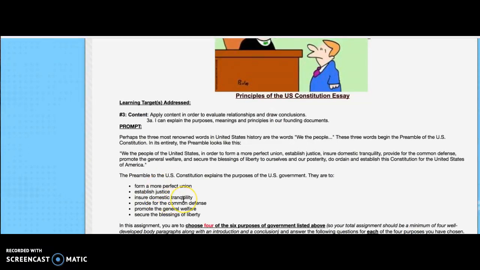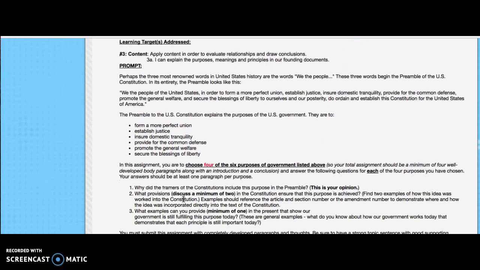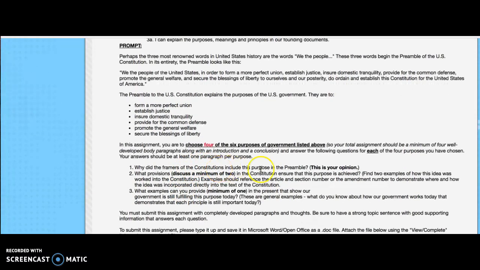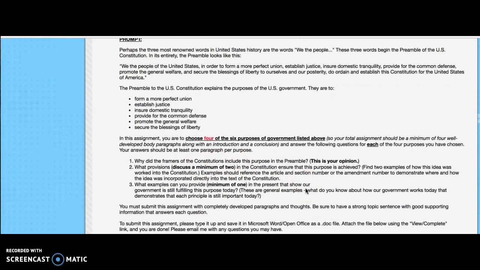So pick 4 of them, and you're going to look at why the framers of the Constitution included this purpose. That part of it is your opinion. Then you need to discuss at minimum 2 specific places in the Constitution where it shows that the founders have achieved this purpose.